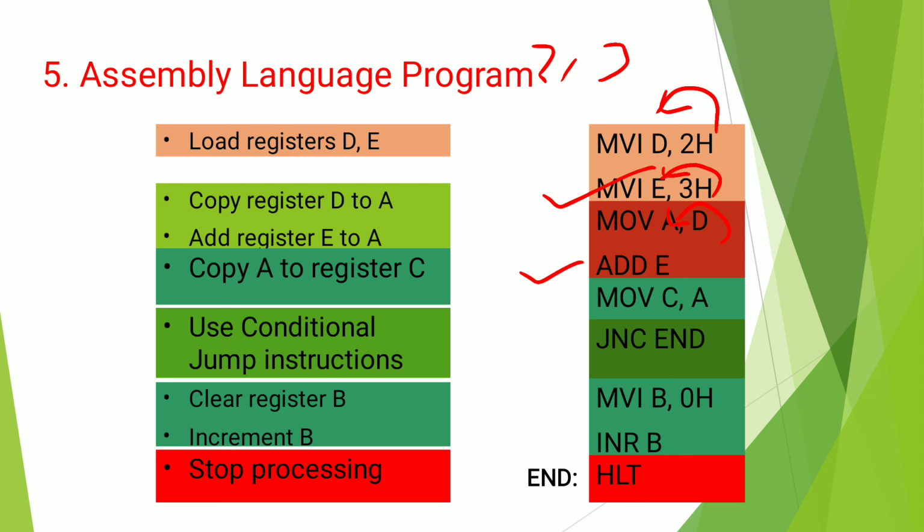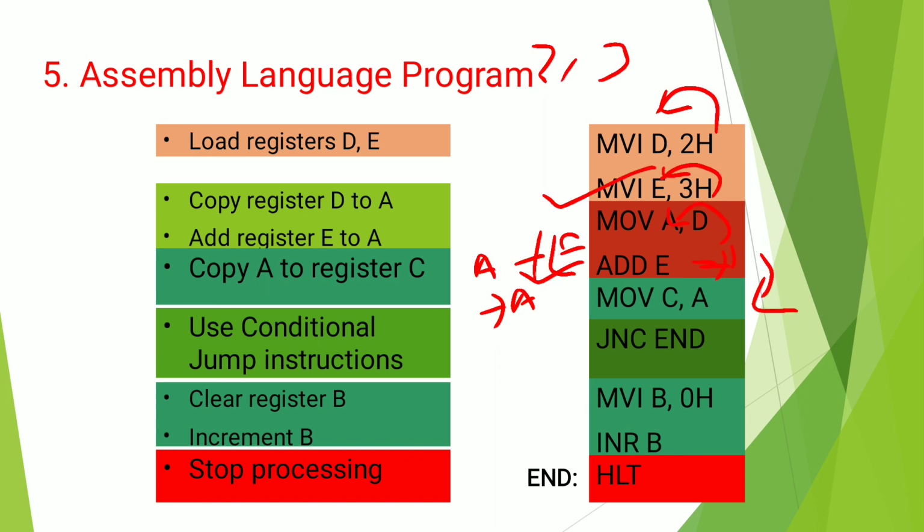Now add E, means add the content of the accumulator and the content of register E, and the result is stored in the accumulator. Now move this result into the C register.